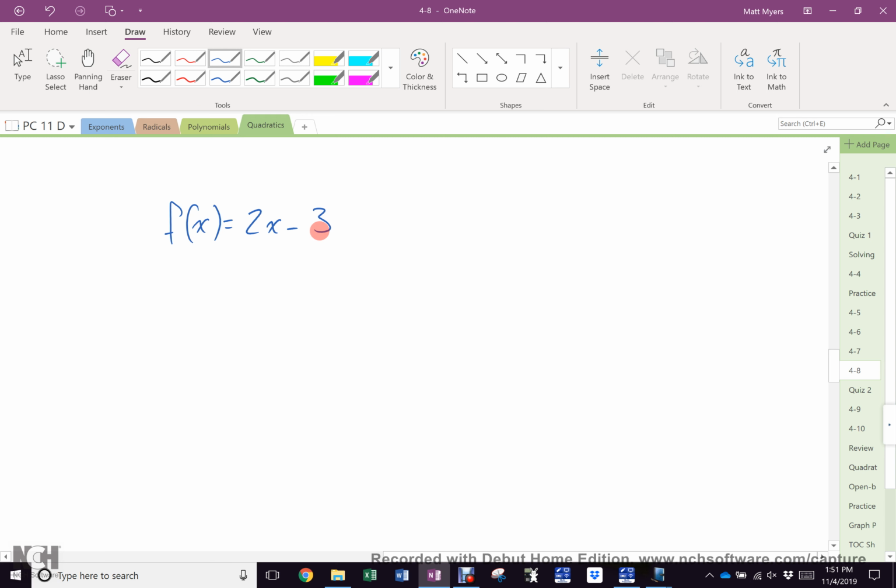Everybody remembers? So if I wrote this, what does that mean? X equals 2, so what would I write here? 2 times 2 minus 3, right? And the answer would be what? 1. Good? Easy peasy, right?